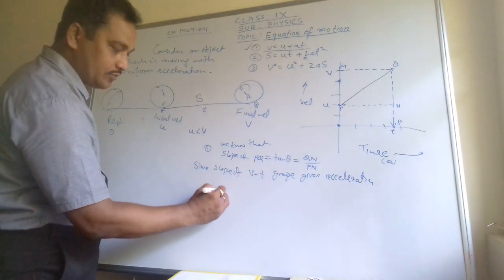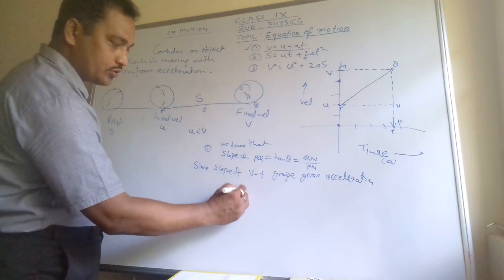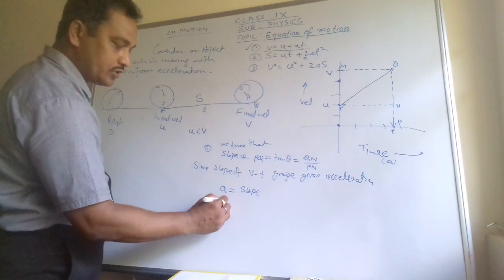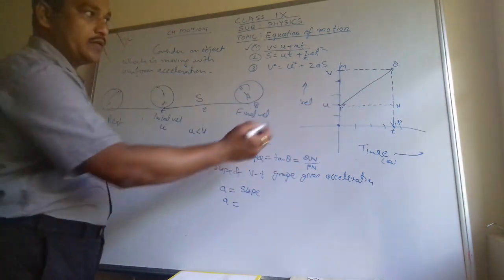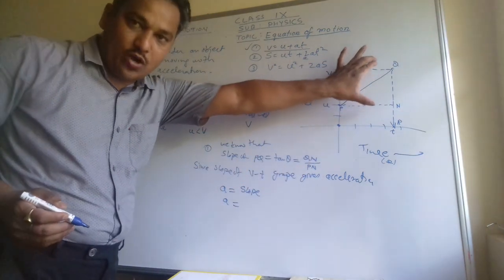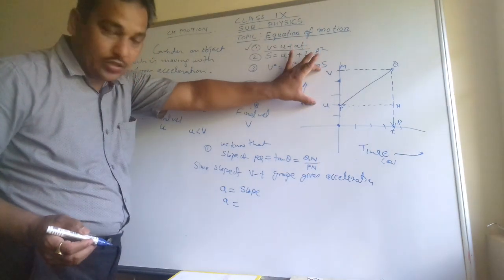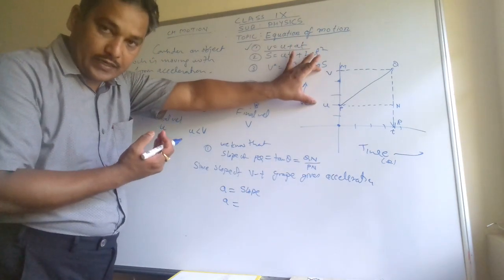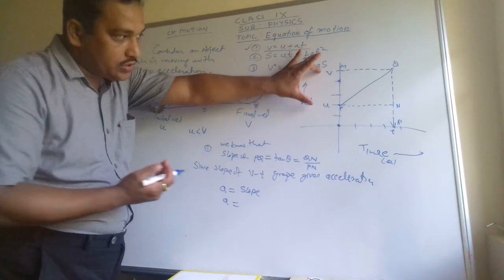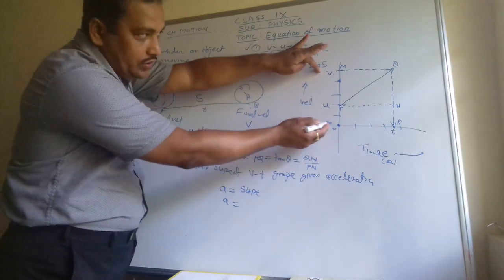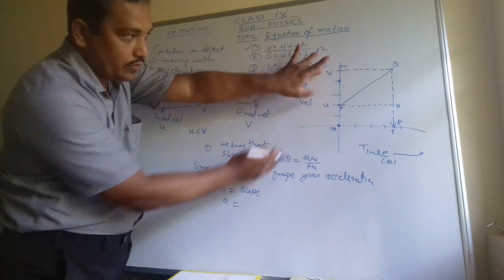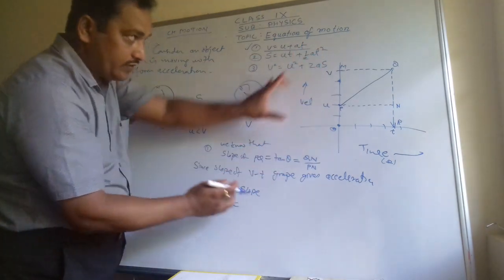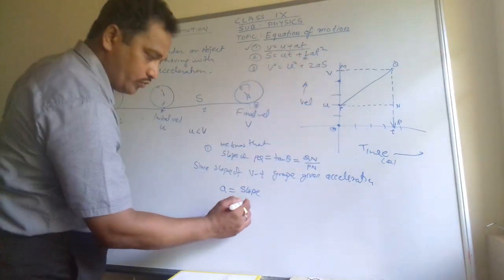So small a will be equal to the slope. Slope is perpendicular upon base, and this perpendicular QN distance is equal to this distance, since opposite sides of a rectangle are equal, you are aware of it. Starting from 0, let this point be O, so it is OV minus OU, that will give you V minus U.